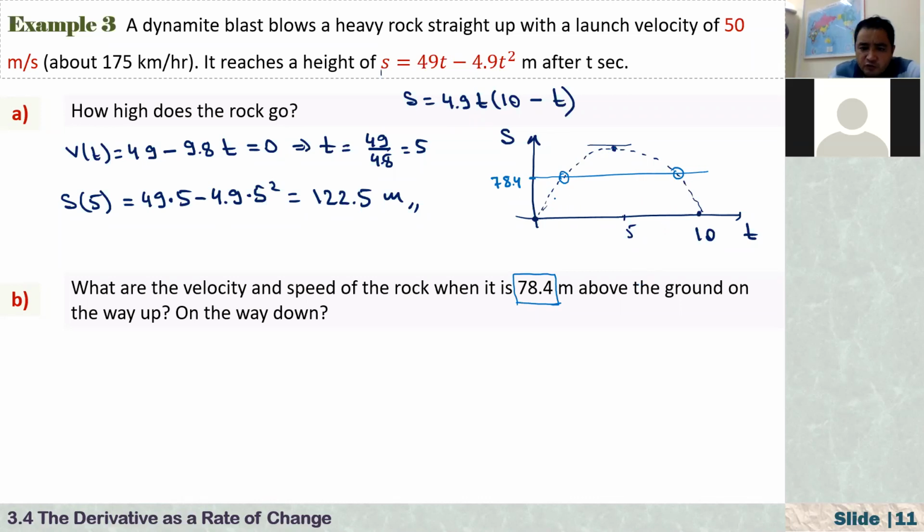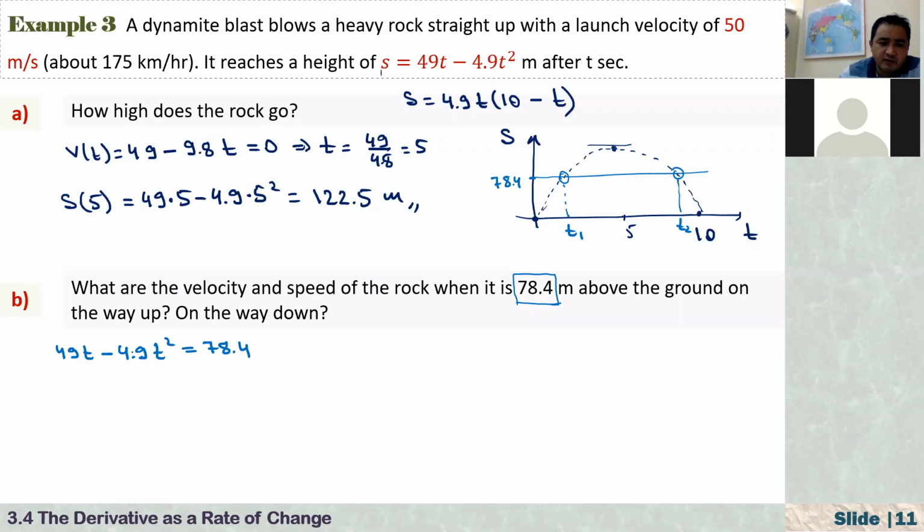Let's say this point is T1 and this point is T2. To find them we need to solve the quadratic equation: 49t minus 4.9t squared is equal to 78.4.